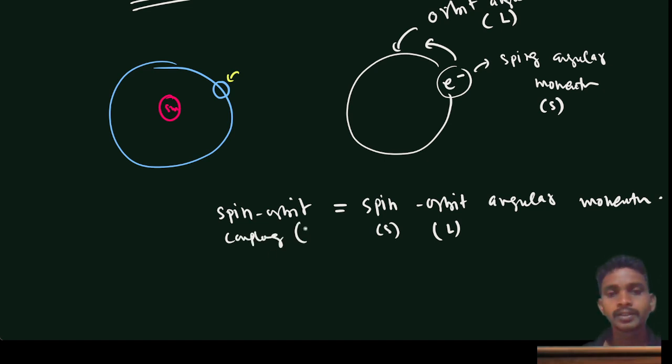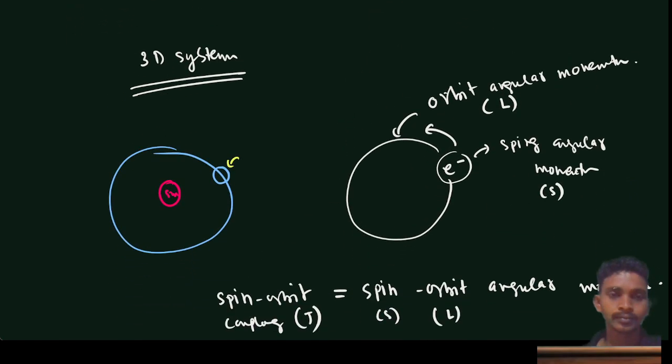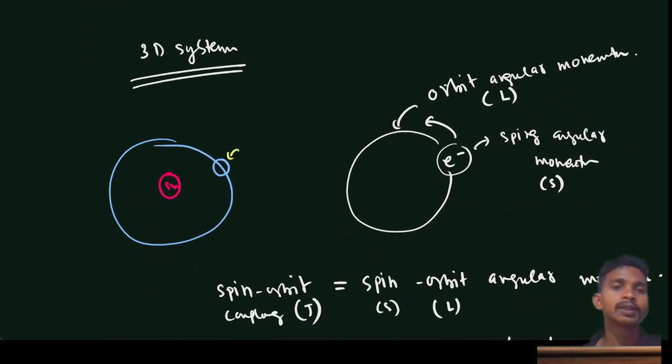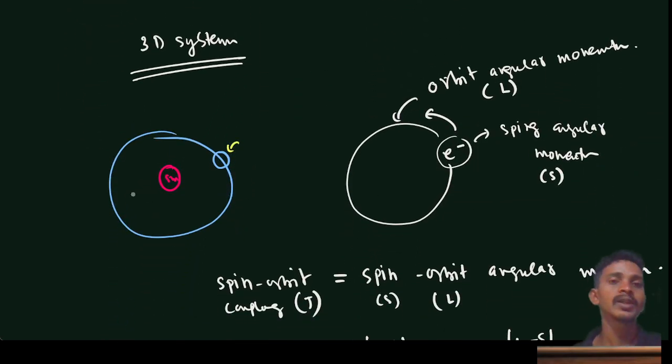That coupling is represented by J, so J is equal to L plus S down to L minus S. So we now understand how to calculate the terms and term symbols.